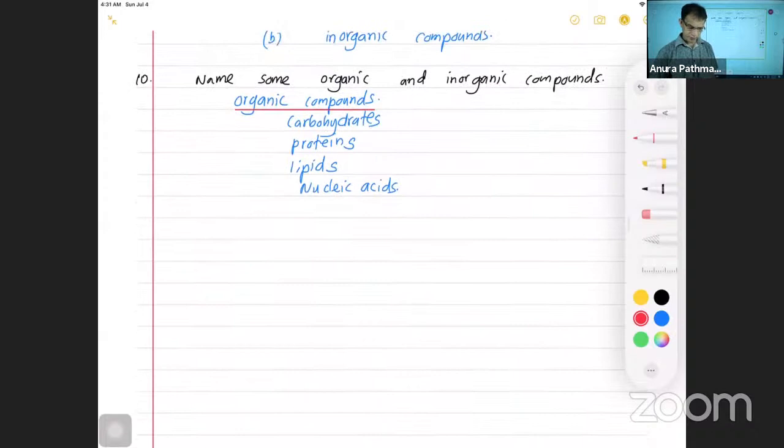Inorganic compounds. Oh, red color belongs to the teacher; you should write with other colors.